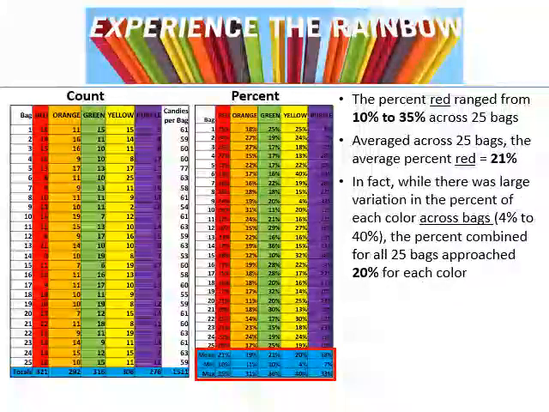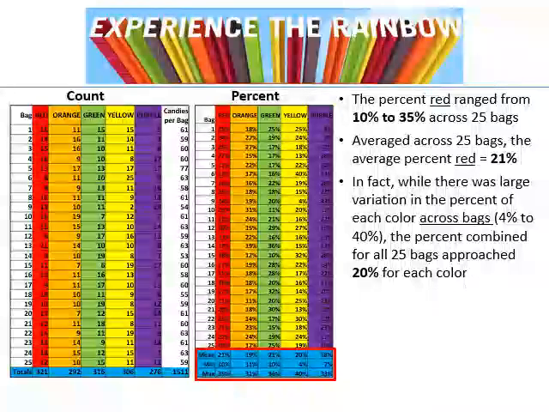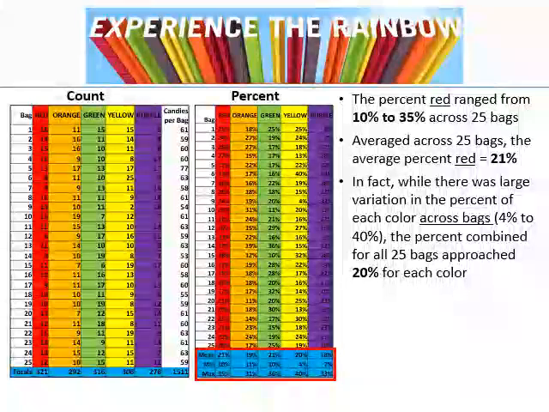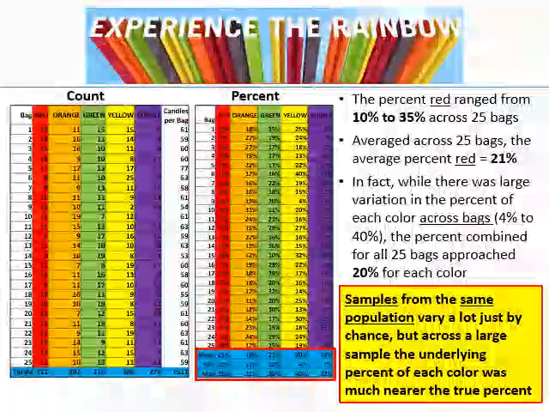In fact, while there was a large variation in the percent of each color across bags, one of them is 4%. You see in the yellow, 4% to 40%. When you start combining across multiple samples, that is, you get a bigger and bigger sample, you get closer and closer to the actual percentage that the factory uses, that is the population, 20%.